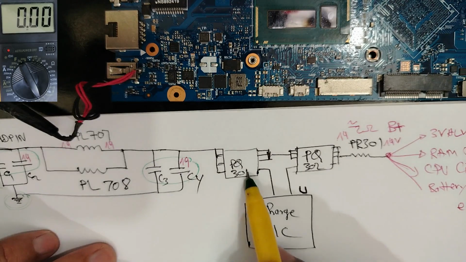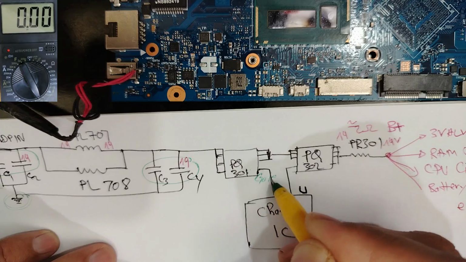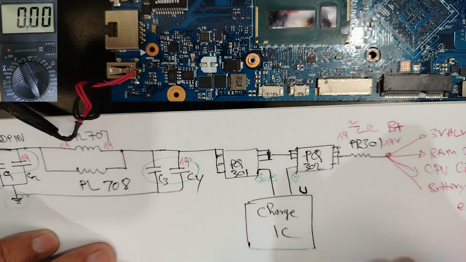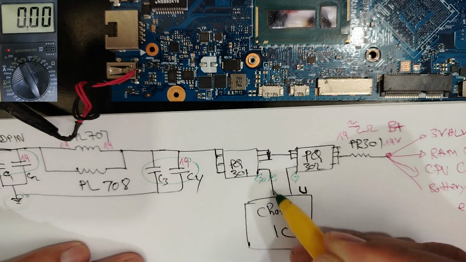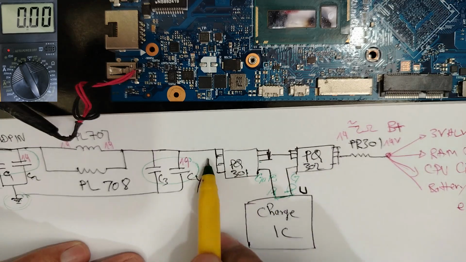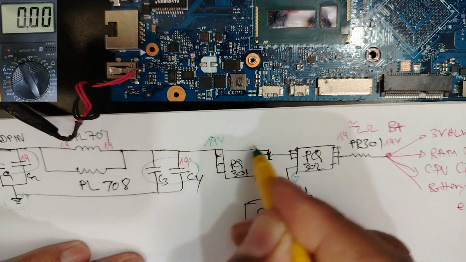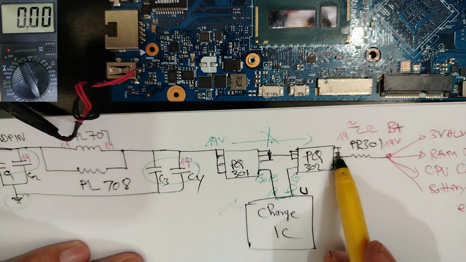What else? These two MOSFET also. Here basically we have the gate, here also we have the gate. So if these two MOSFET don't receive the control signal from the charge IC, the 19 volt here will not pass to this side.